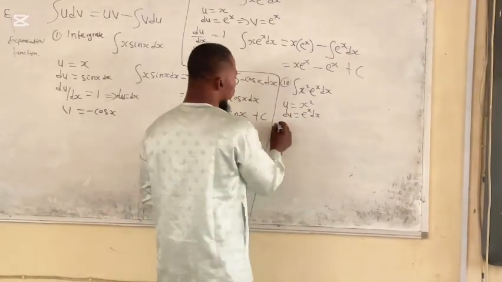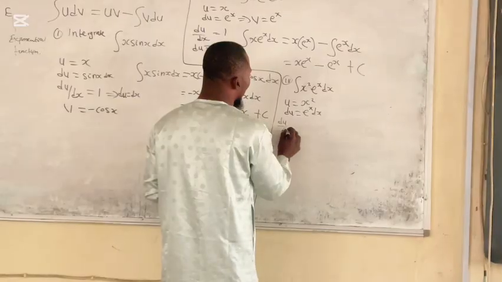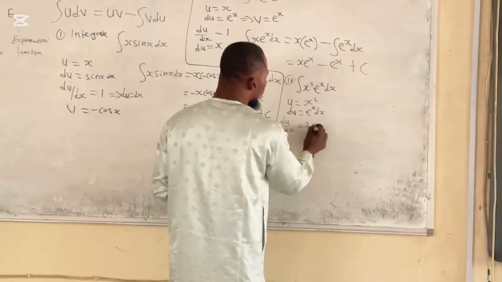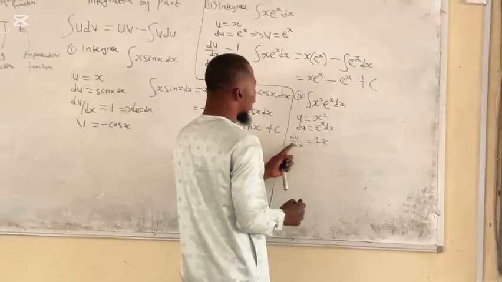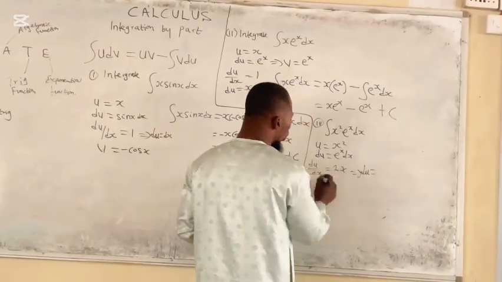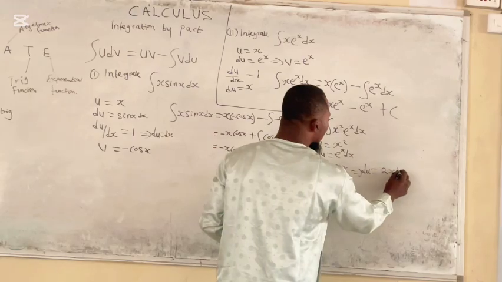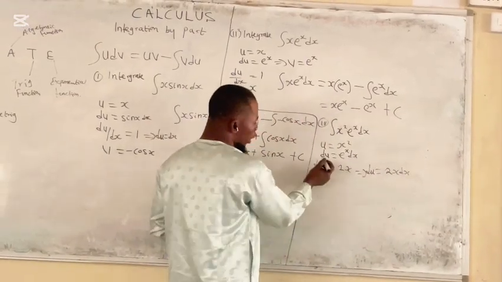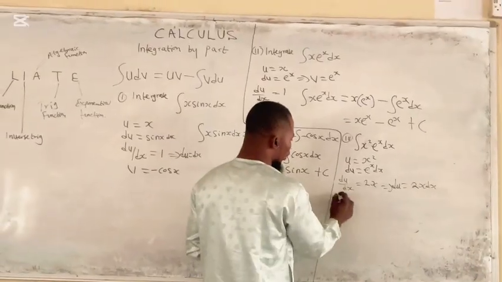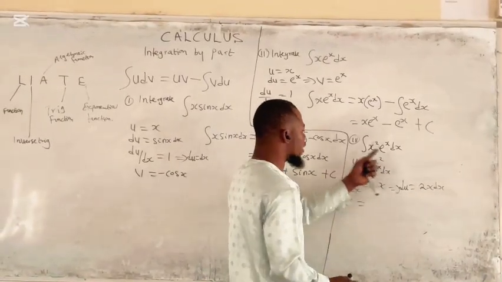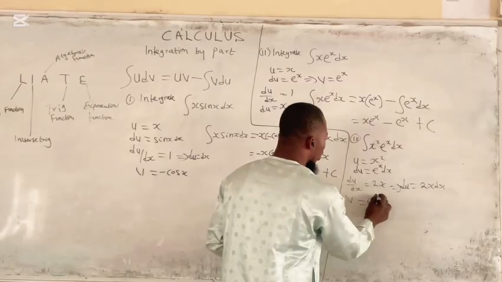Differentiating u with respect to x, we will be having du over dx, which will now be equal to, if you differentiate x squared, you will be having 2x. Then making du the subject of the formula, our du will now be equals to 2x dx. From there, we'll integrate the dv. If you integrate dv, you get v, which will now be equals to, if you integrate exponential x dx, you still be having exponential x.